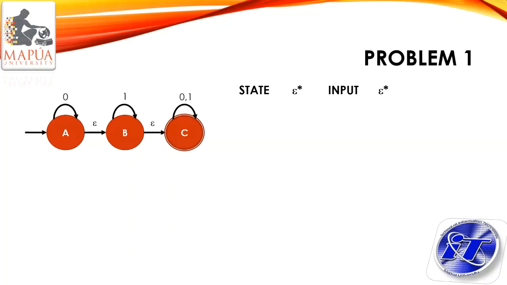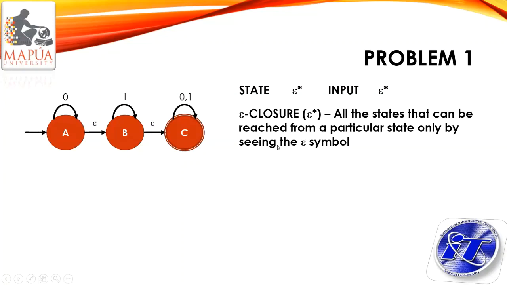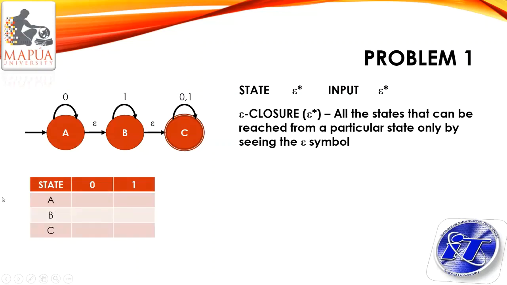That will be the final path for the state that we are analyzing. Again, epsilon closure means all the states that can be reached from a particular state only by seeing the epsilon symbol. And we need to fill up this transition table so that we could convert this epsilon NFA to an ordinary NFA.